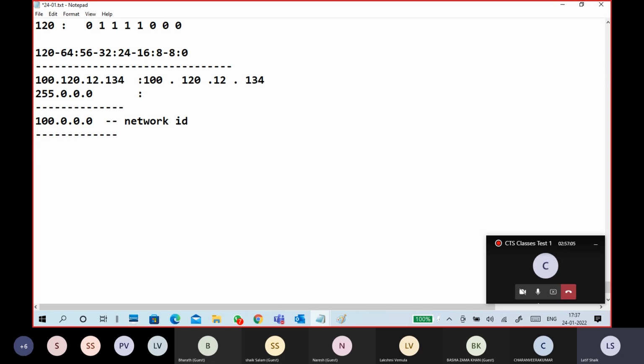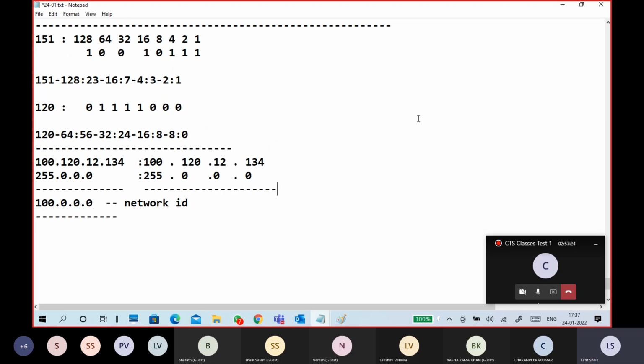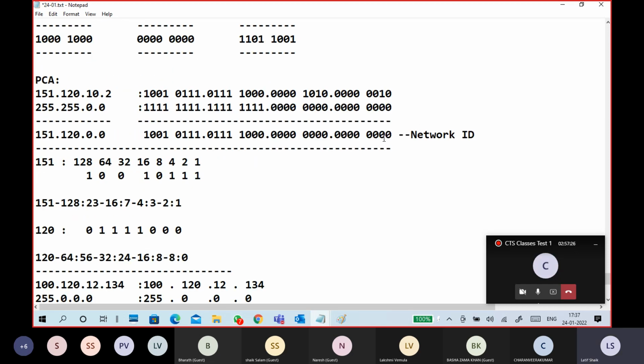Next one is 255 in binary, 0 in binary, 0 in binary, 0 in binary, all are zeros.